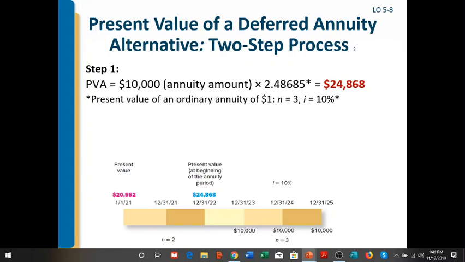So you take the 10,000 and multiply it by that number, which equals 24,868.